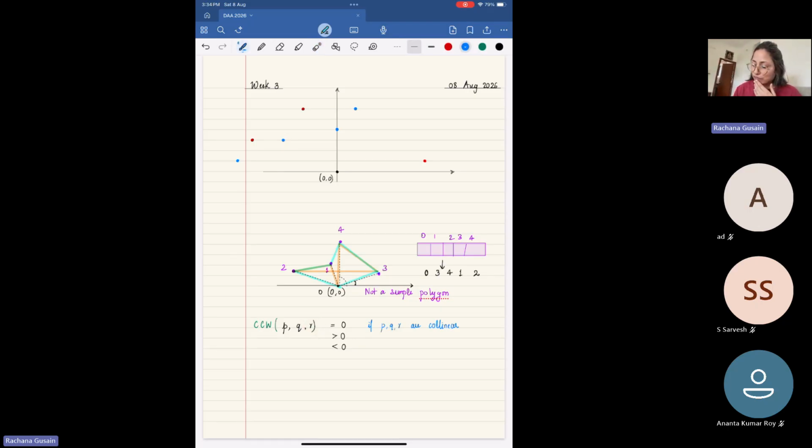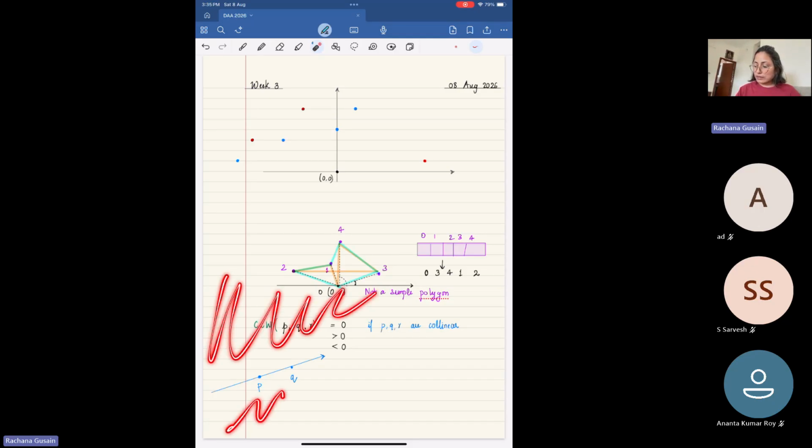Essentially, when you have 2 points P and Q, they are going to separate the entire plane into 2 halves. I'm drawing this line, a directed line from P to Q. Whatever the plane is, it's going to separate it into 2 halves.